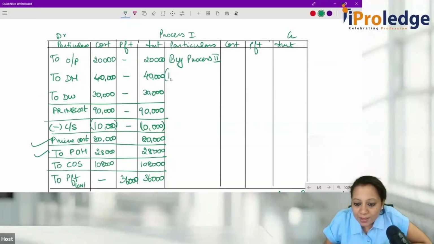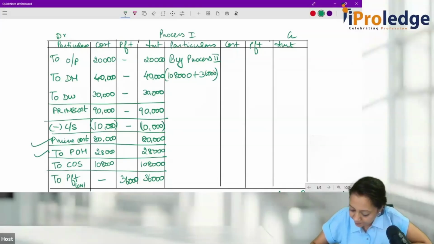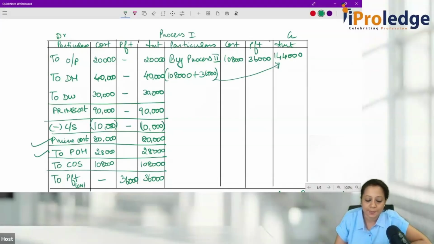So it is going to be 1,08,000 plus 36,000, which is 1,44,000. So I will show the cost here. The cost was 1,08,000, profit is 36,000. This is the amount that is going to the next process.